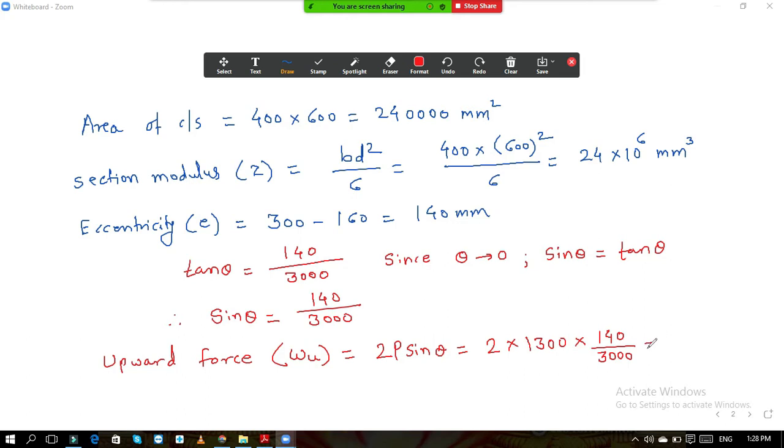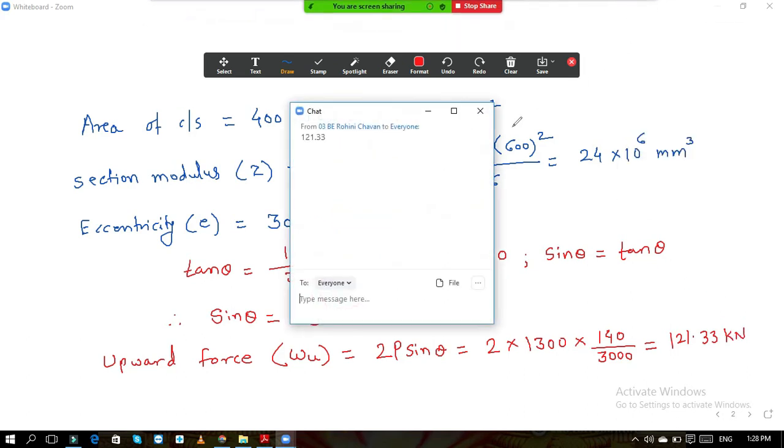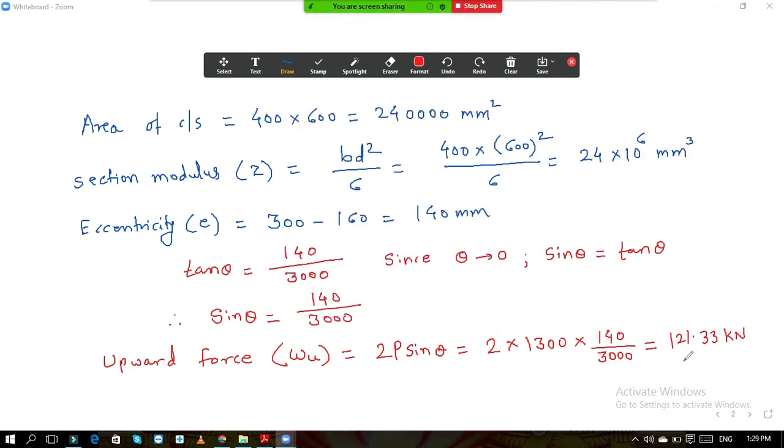If you solve this, you will get the value of 2P sine theta. Solve it now and let me know the answer. It is 121.33 kilonewton. So we know now what the upward force is.